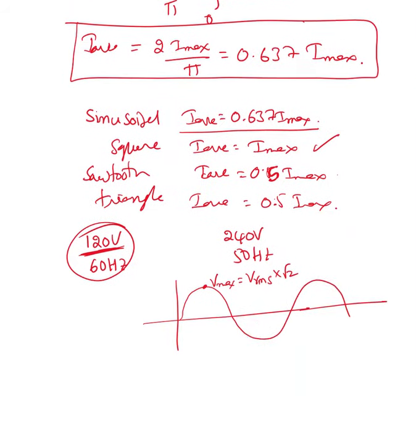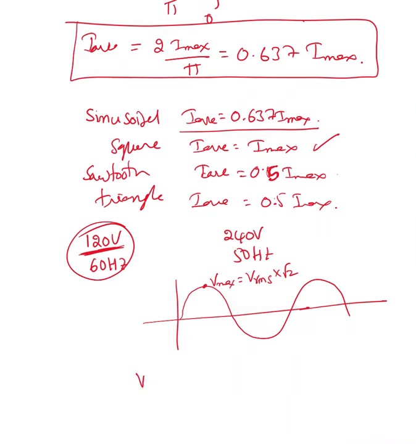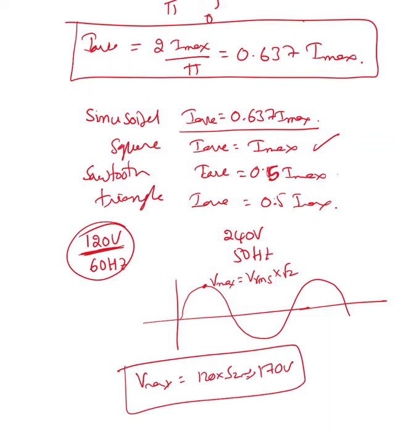Using the same principle, V max must be 120 times square root 2, approximately 170 volts. So that's the relation between the RMS value and the maximum value. For AC voltages or currents, unless I specify otherwise, we always take them in RMS values.